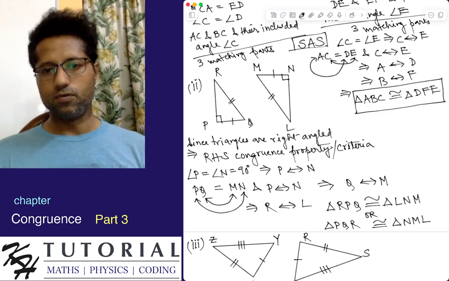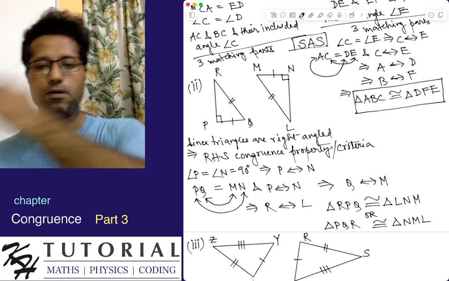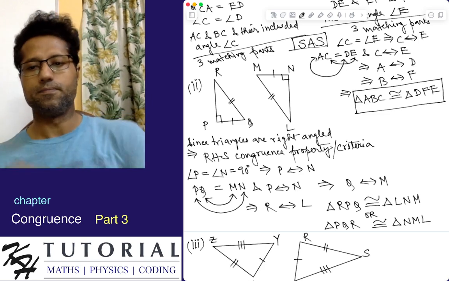Any of these two you can use as the congruence relation or congruence name. Okay.